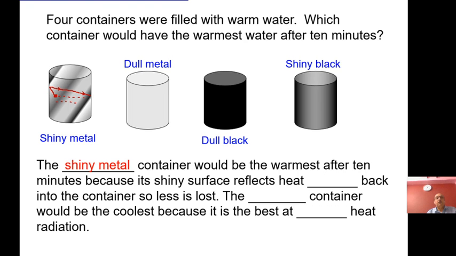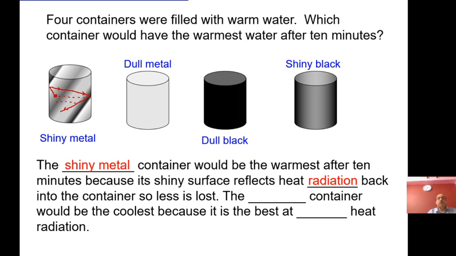In the next radiation they fall on the other side of this cylinder, then it will again reflect. So the radiation is captured inside the container and will remain inside the shiny metal container. Hence, there is a very small amount of loss of heat. That's why the shiny metal container will be warmest after 10 minutes.